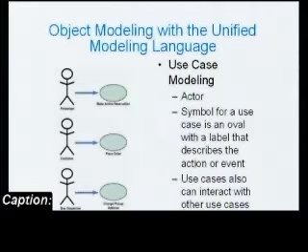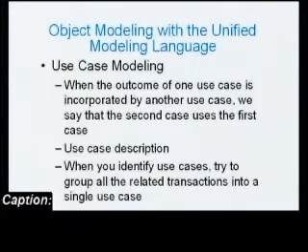This is especially the case within the object-oriented community, where they originated, but their applicability is not restricted to object-oriented systems because, strictly speaking, use cases are not object-oriented in nature. Use cases can also interact with other use cases.